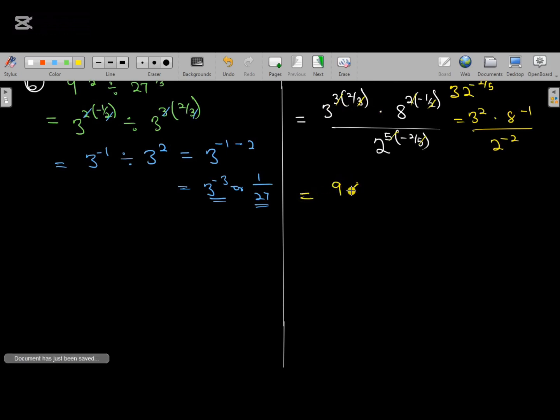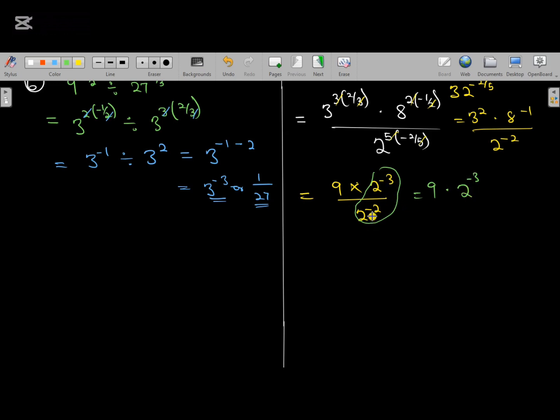So 8 to the power of minus 1 can be written as, our 8 is 2 to the power of 3, and that 3 multiplying minus 1 will be minus 3, all over 2 to the power of minus 2. So here we can now work on these 2. So if we do that, we are going to have 9 times, now it will be 1 base 2, then the power is minus 3.